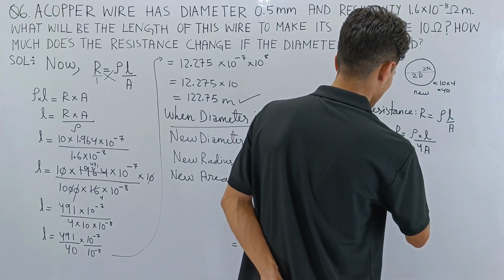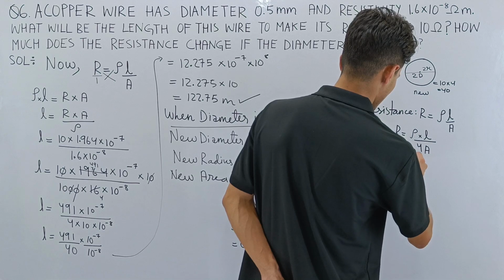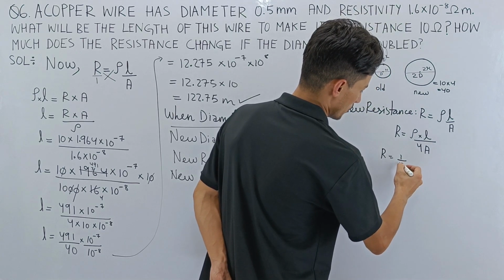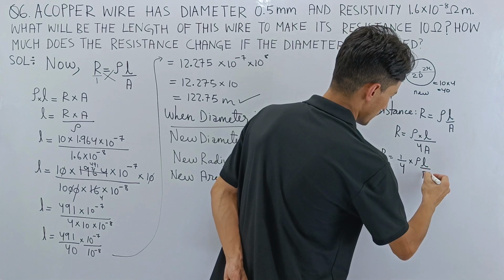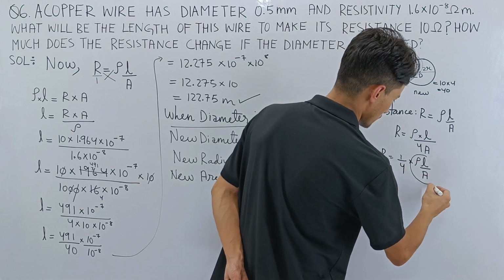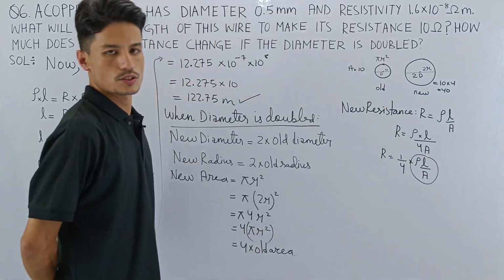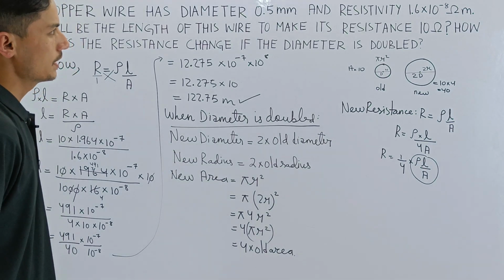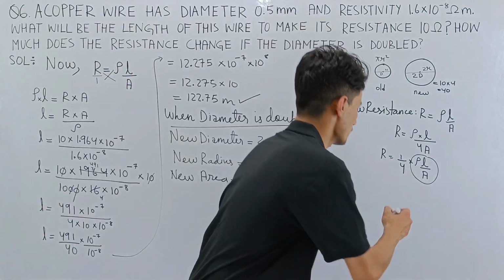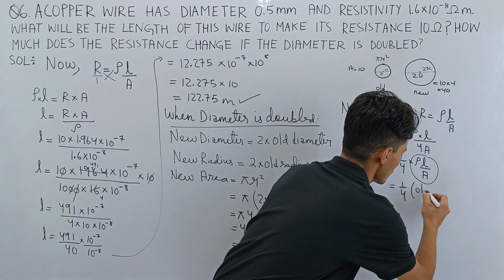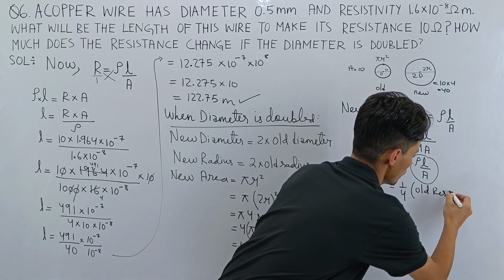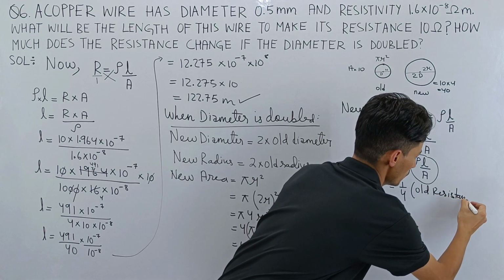So R is equal to, you remove the 4 like this, and put rho L by A. And this rho L by A, my dear students, is the old resistance. So 1 by 4 of the old resistance.